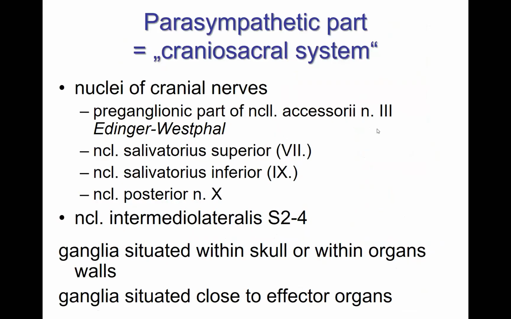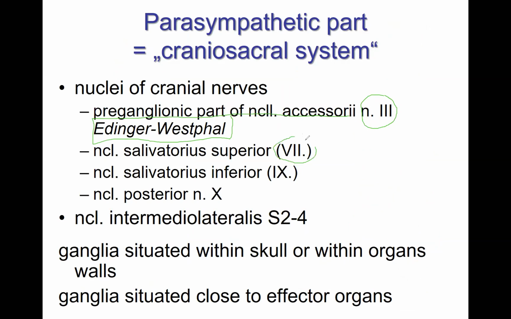And now, where are the nuclei located? They are the nuclei of the cranial nerves we have studied before. So it's the oculomotor nerve. The name of the nucleus is quite complicated, the preganglionic part of the accessory nucleus. That's why in clinics we use the term Edinger-Westphal, after 2 Germans.